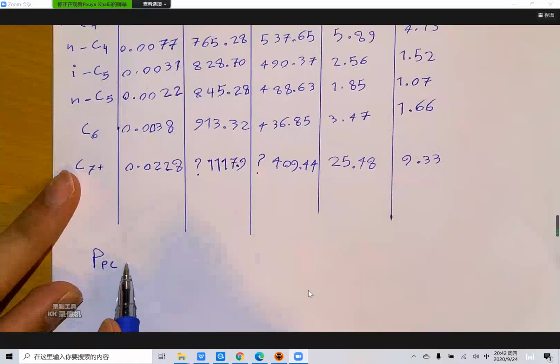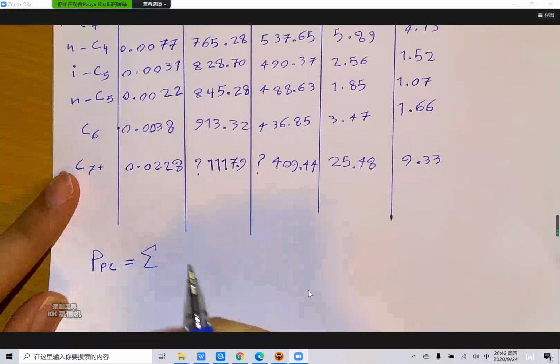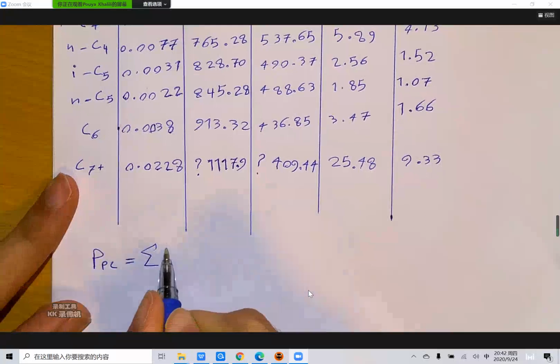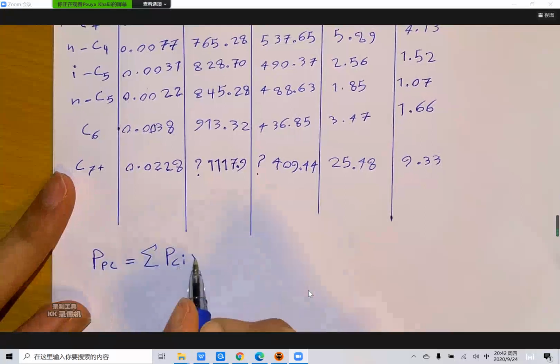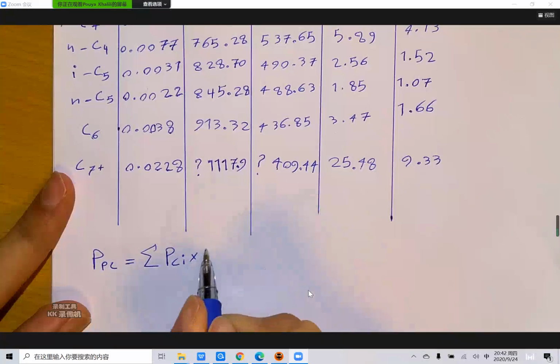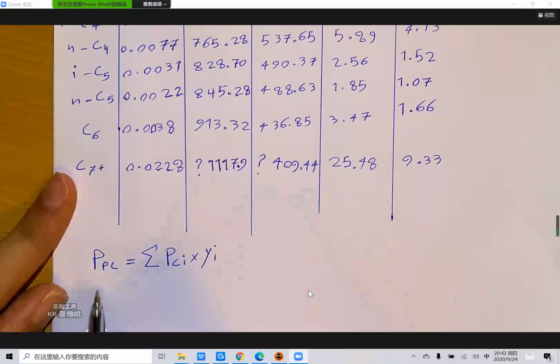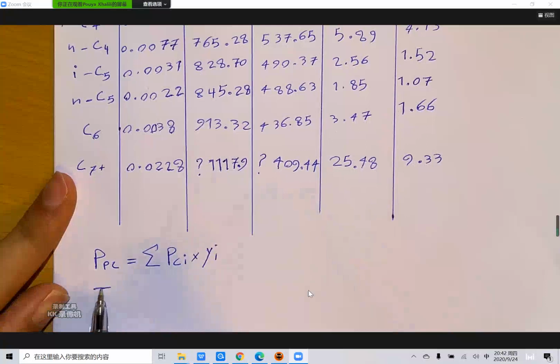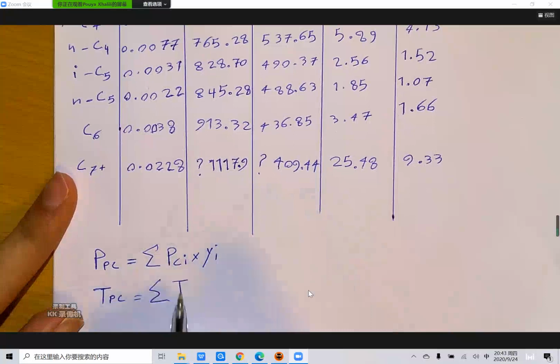That is the sum of all the critical pressures in the table multiplied by the mole fractions, and also for the pseudo-critical temperature, the sum of all the critical temperatures multiplied by the mole fraction.